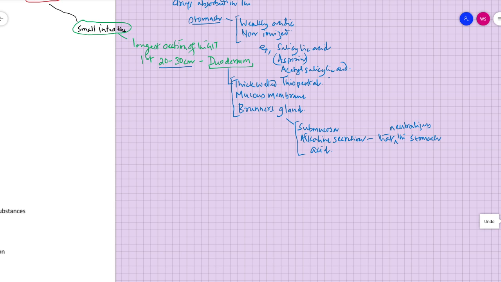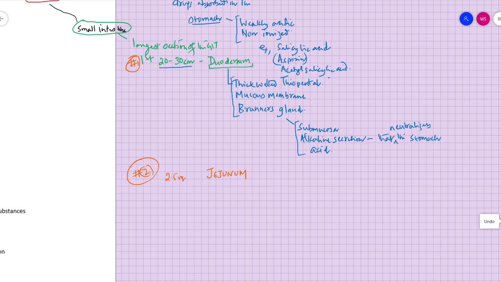So the next section of the GIT, if this is the first section, the second section is about 2.5 meters, and that we call the jejunum. Okay.